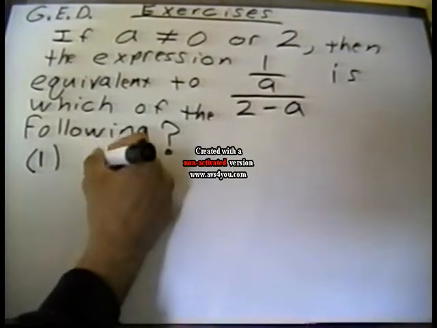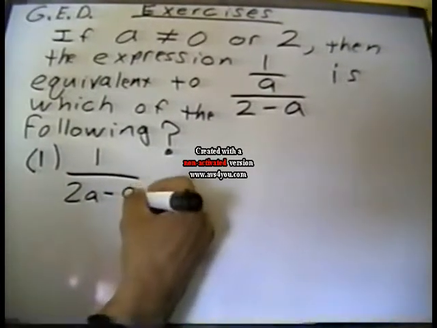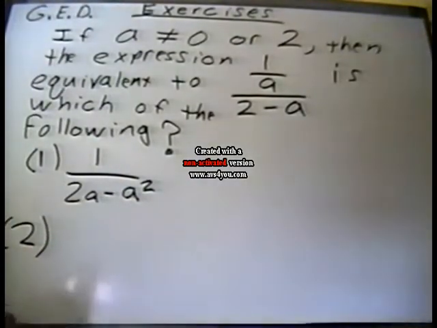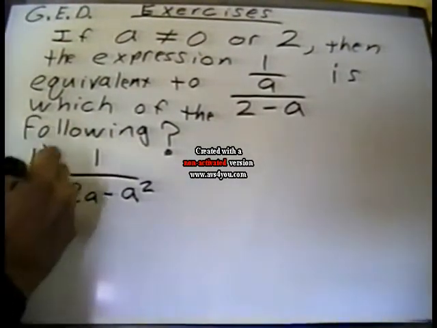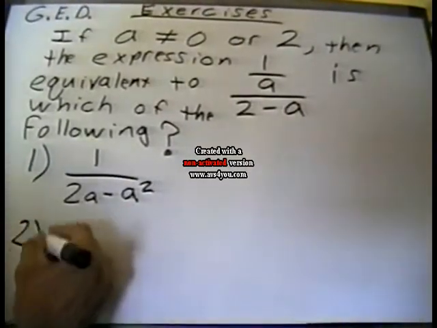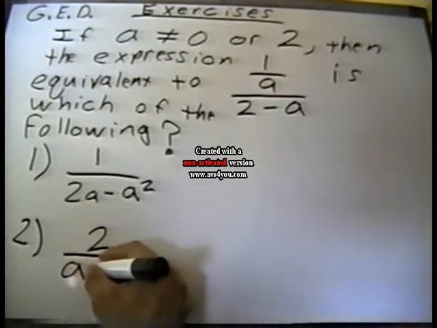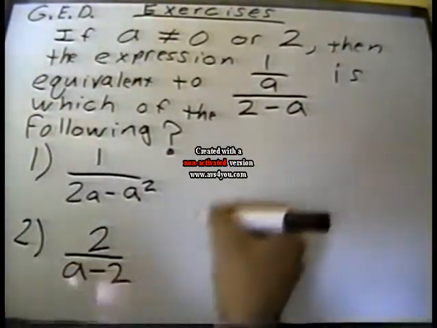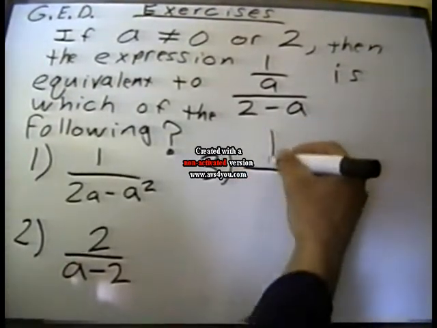Now it gives us a list of 5 terms. So the first is equal to 1 over 2 minus a squared. Like we said, we're numbering these. Okay. So this is the second, 2 over a minus 2 is the third.